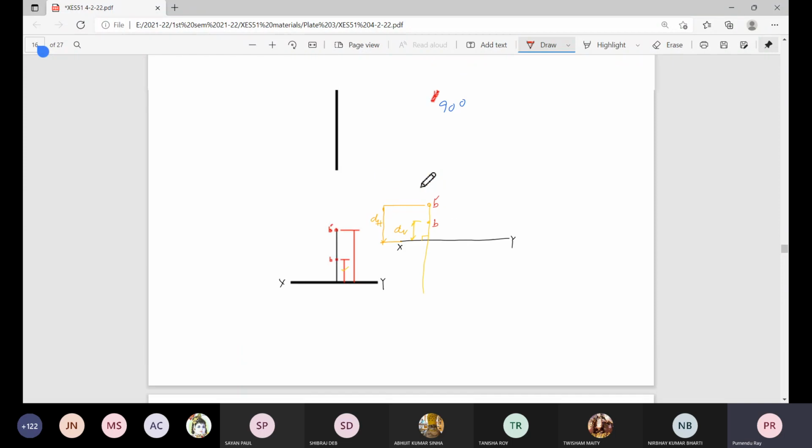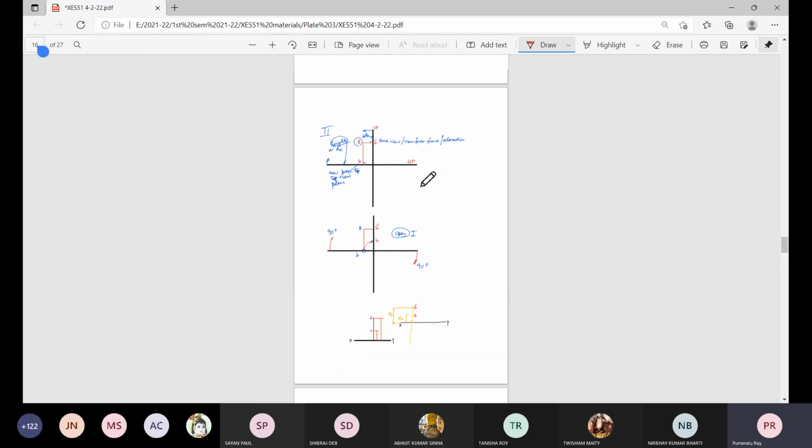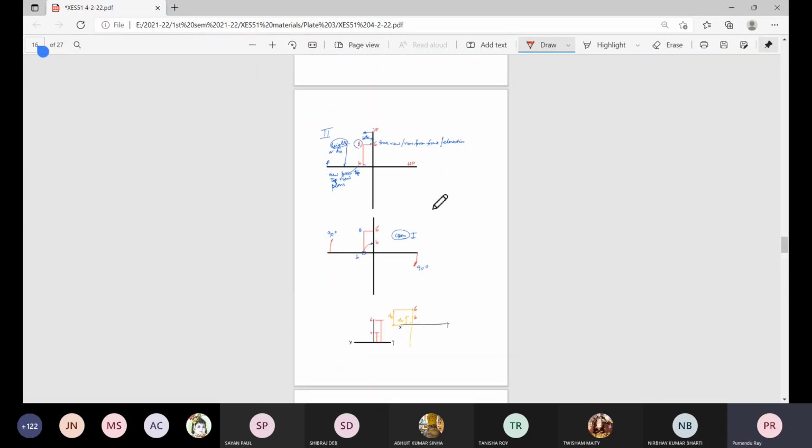So similar to the previous situation of first quadrant, you can understand what formality we need to maintain. Place it here, project on this vertical plane, horizontal plane, then rotate this horizontal plane clockwise by 90 degrees so that this space opens from 90 degree to 180 degree, this first quadrant. It is fixed.